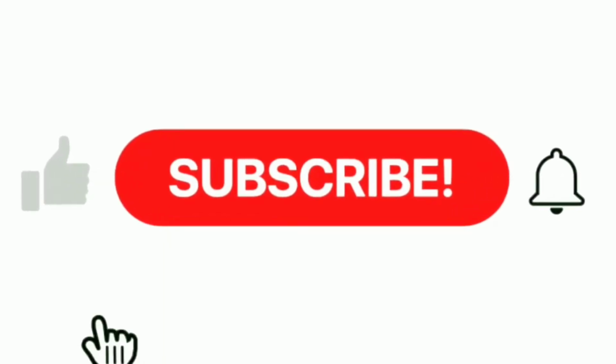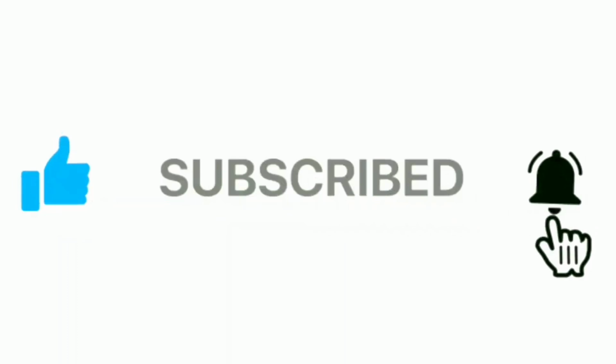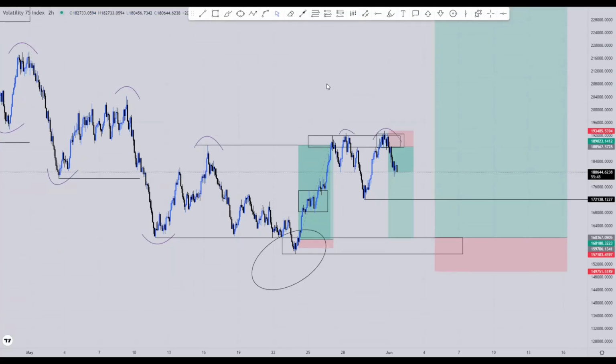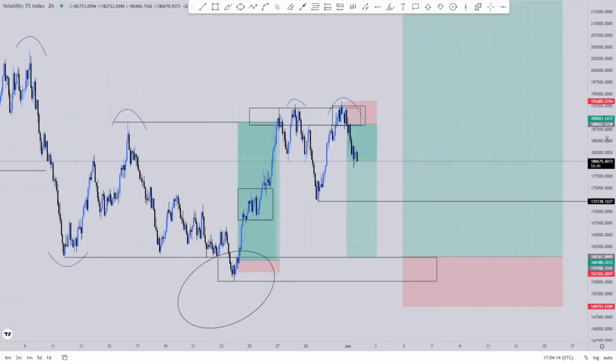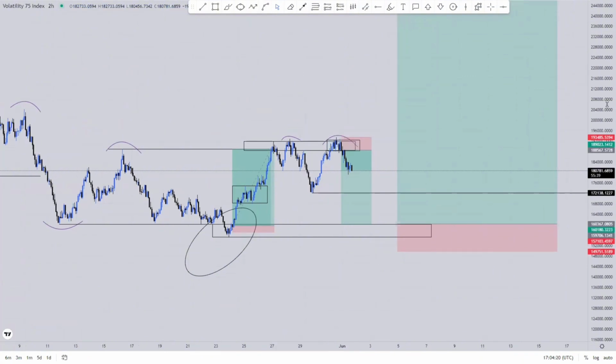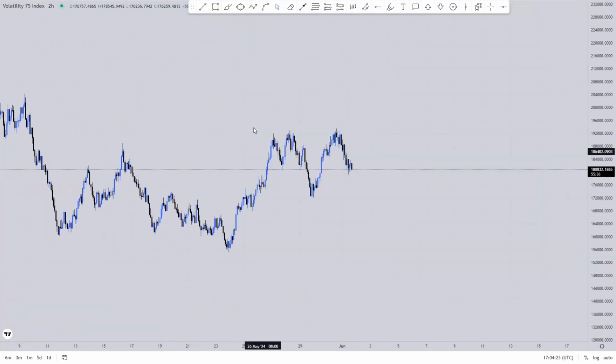Wonderful. Right. So currently, this is one of the trades that personally I'm in on Volatility 75. Obviously, I didn't manage to share the signal, but it's one of the trade ideas that I'm currently into on Volatility 75.